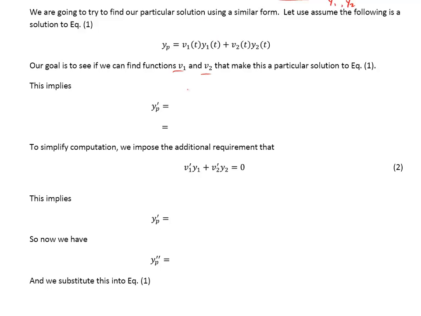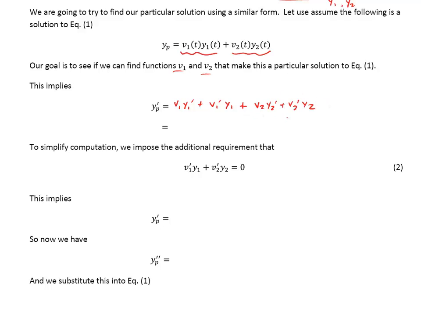Y sub p prime would be, we're going to use the product rule here and here. So first times the derivative of the second: v1 y1 prime plus v1 prime y1, plus, same thing with the second one, v2 y2 prime plus v2 prime y2.